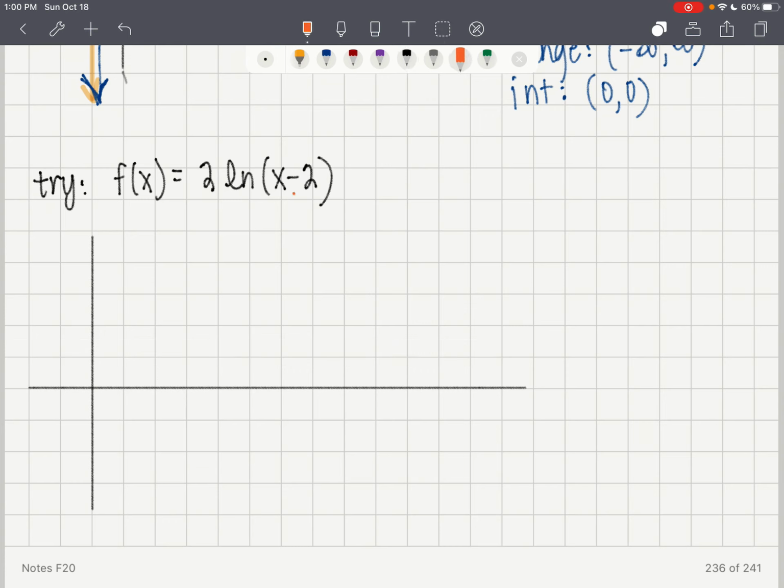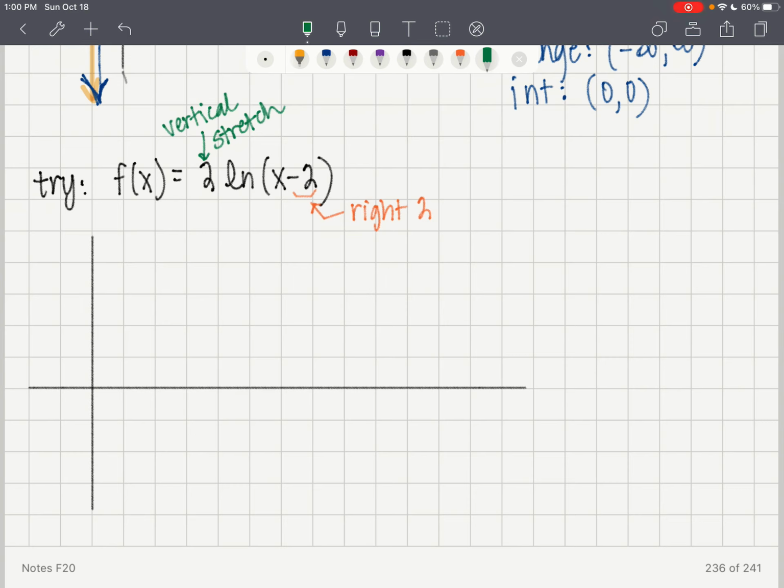Okay, this minus 2 is telling me that our graph is going to go right 2. And this 2 out front tells me that we have a vertical stretch.